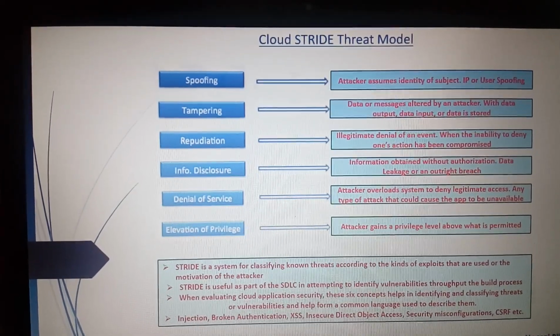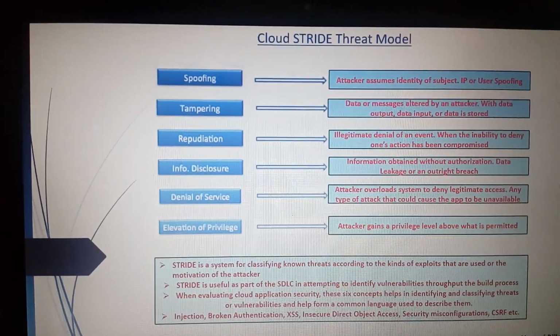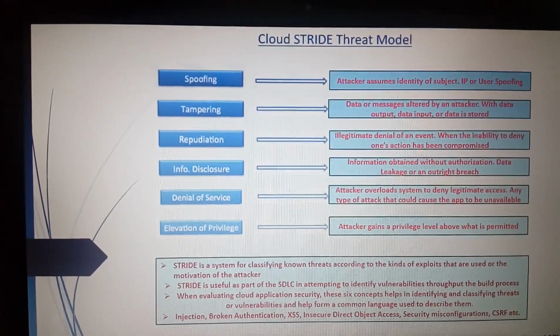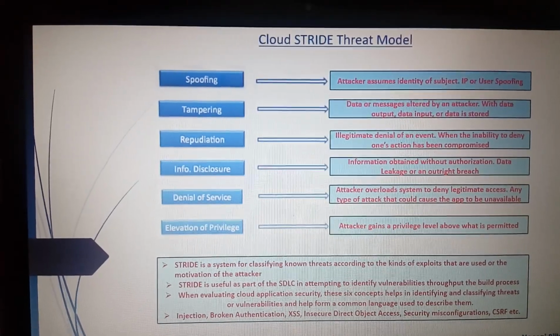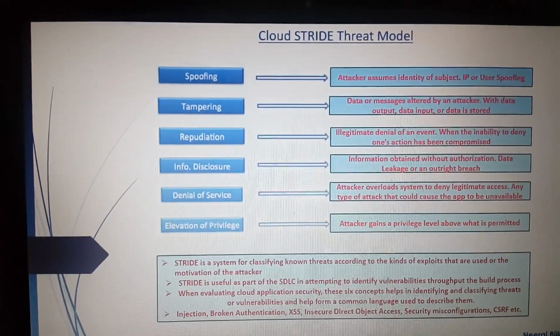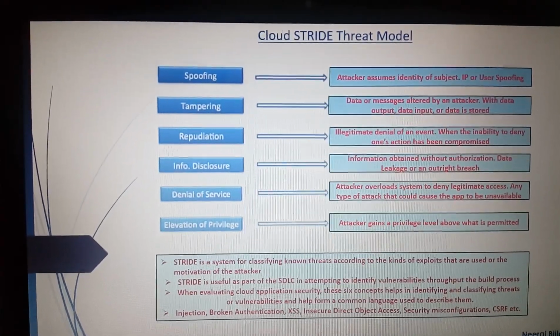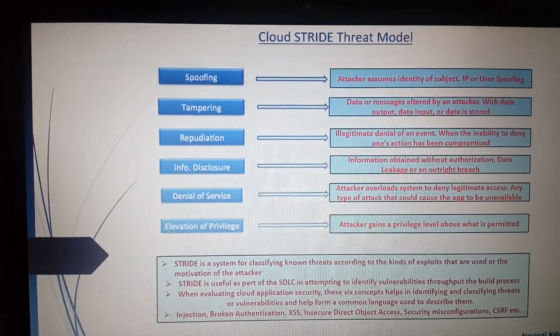So let's have a closer look at spoofing, where an attacker assumes the identity of a subject, whether it's IP spoofing or user spoofing, where users try to spoof your IP address or user identity. This is one kind of threat in the applications, right?